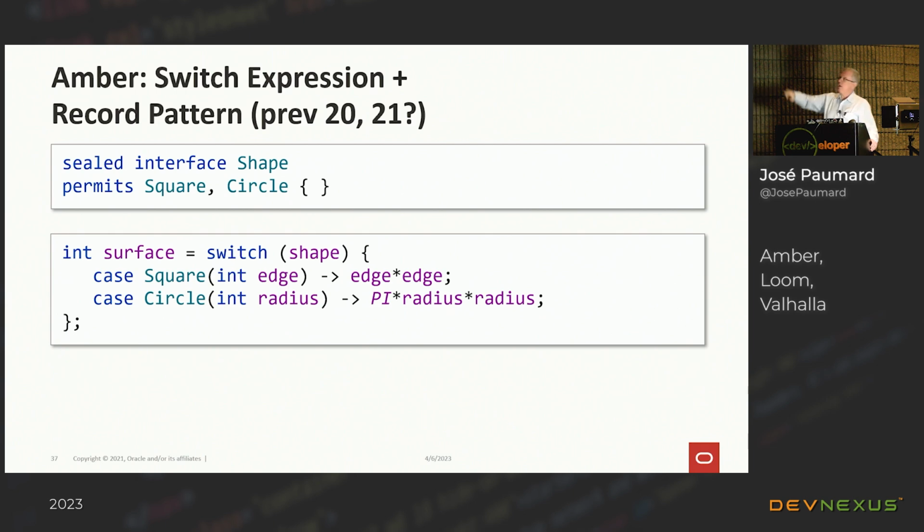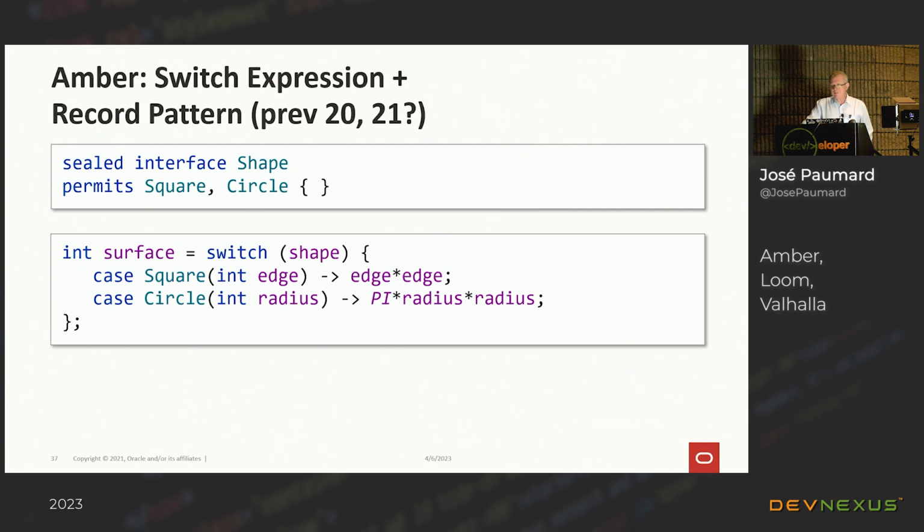And by the way, if you are adding a type, suppose you have a bunch of switches like that in your application all over the place, and you are adding a permitted type within this sealed hierarchy, all your switch expressions are going to throw compiler errors. So that you will not have to check for yourself. The compiler will tell you, hey, you need to add a branch here, here, here, and there, which is a safety for you. It's a safe situation.